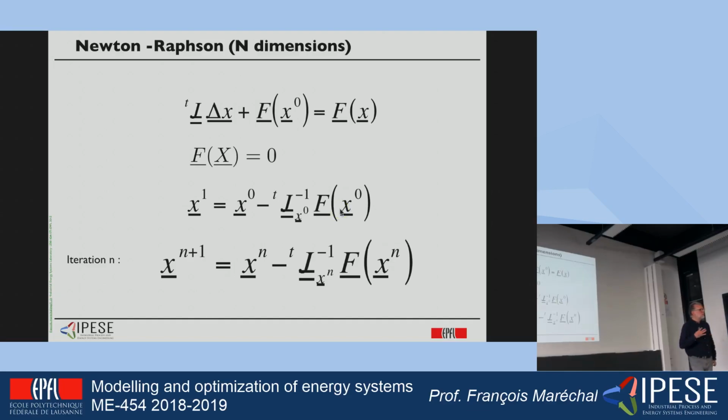Okay? So the formula is exactly the same, except that now I have to invert the matrix, and I have to multiply matrices, and I have to calculate the Jacobian matrix, which is the matrix of the derivatives. Okay, so it means time to be spent in calculating the variations, right?